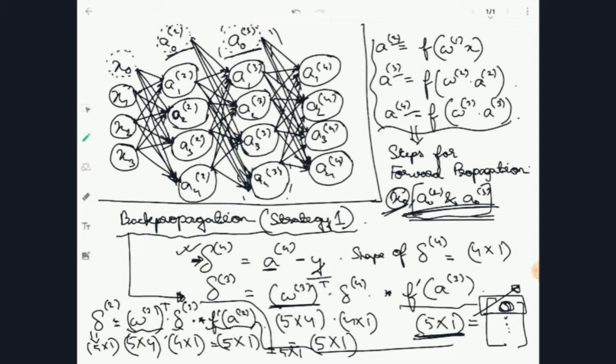Here you first do the matrix multiplication, and then you do the element-wise multiplication, and then you obtain del 2, which is of shape 5 by 1, but the first element is useless. It will be 0 because of the bias present in it. So effectively you obtain a vector of 4.